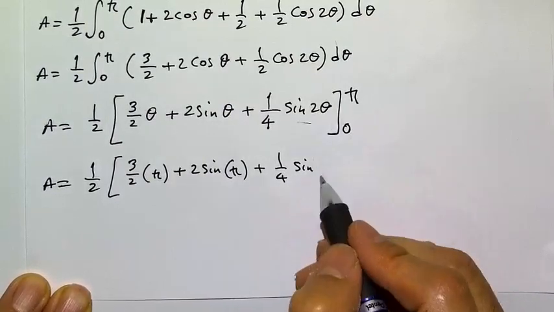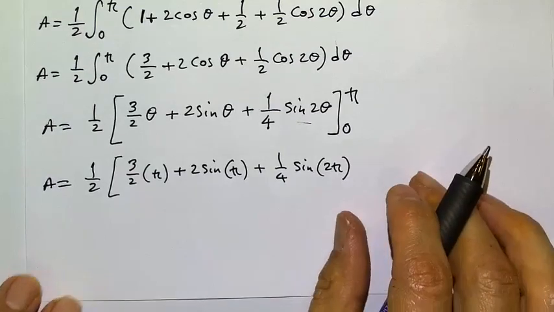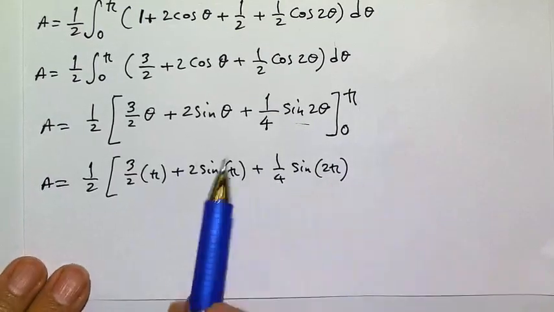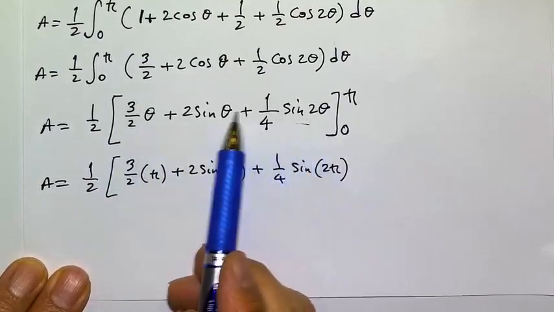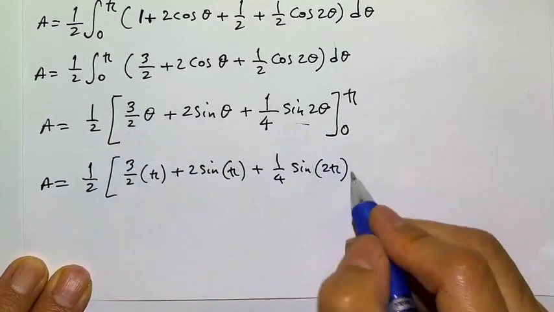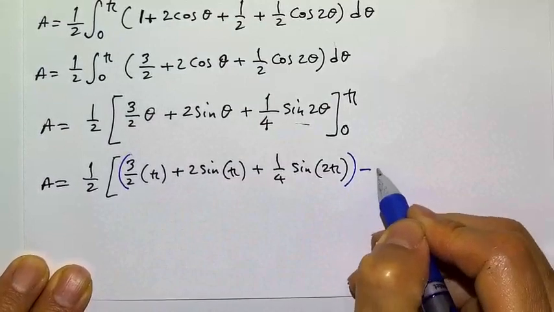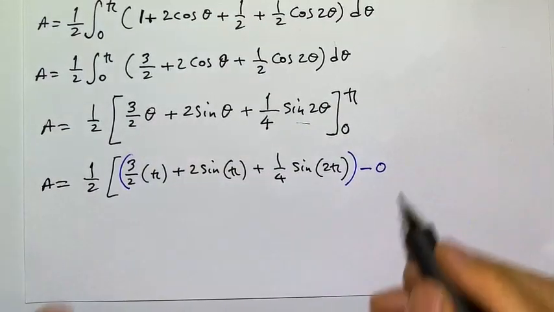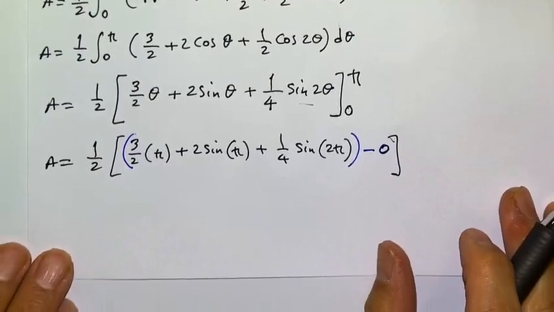This is 2 theta, so it'll be 2 pi. And of course, because these are both sines and this is theta, if you plug in 0 for the theta here, you get just 0 all the way. So I'm just going to put this group in parentheses and then say minus 0. And then we'll close the bracket that way.